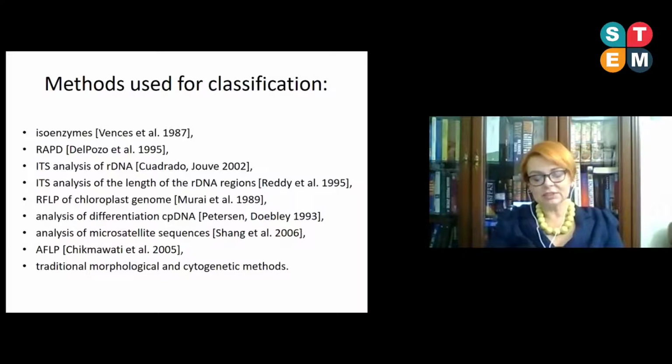The differences in the classification of genus Secale result from the application of various test methods, such as ITS, this is internal transcribed spacers, or microsatellite analysis. Some of these studies also include the organellar genomes.